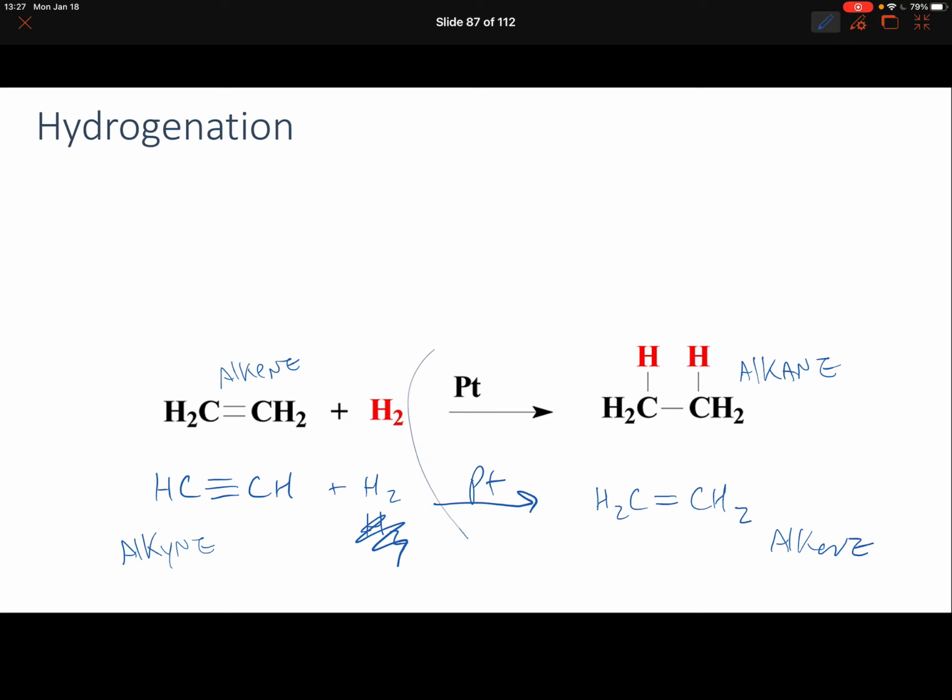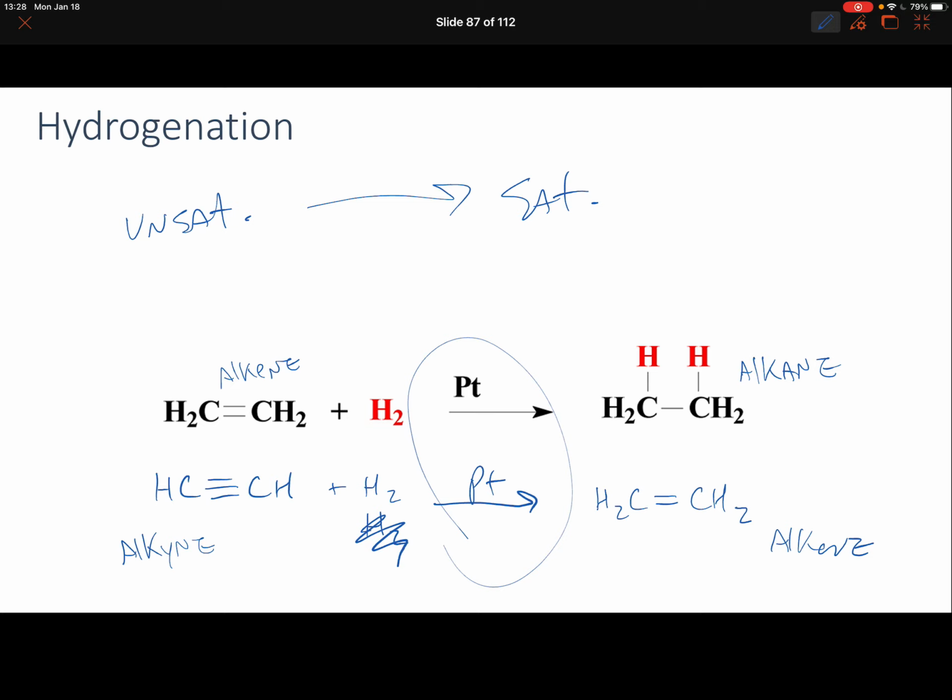This is done over a platinum, palladium, or nickel catalyst. This often creates a surface for the electrons to move on and helps make this reaction go faster. But at the end of the day, it reduces double bonds, and it turns unsaturated hydrocarbons into saturated hydrocarbons.